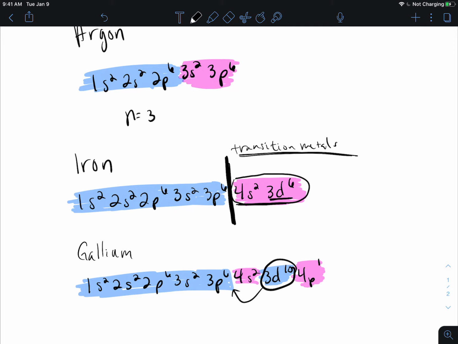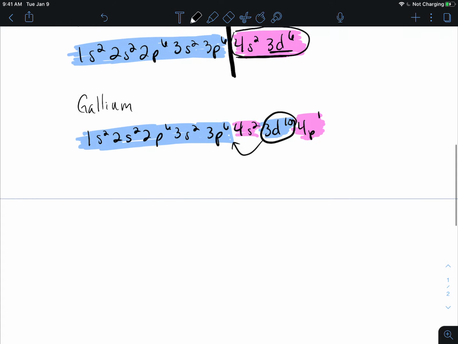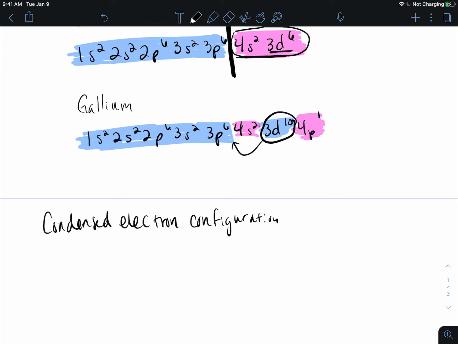Okay, so next thing I want to look at is the idea of a condensed electron configuration, or a noble gas notation, or a shorthand version. They're all the same thing. So a condensed electron configuration is a shorthand notation.